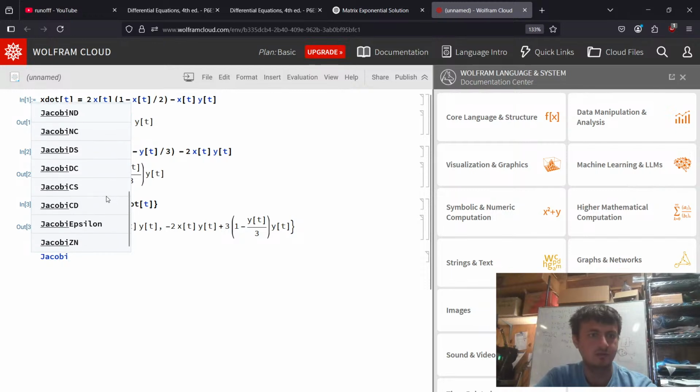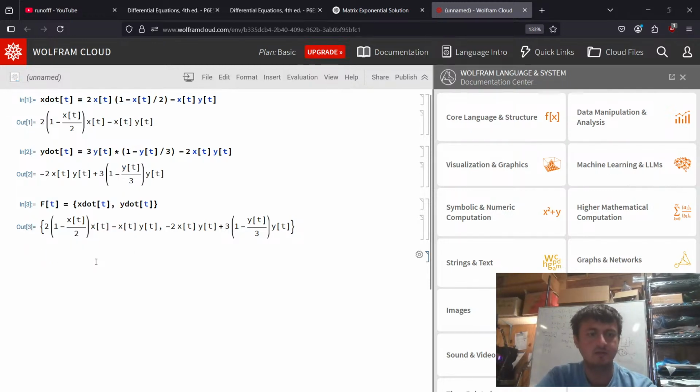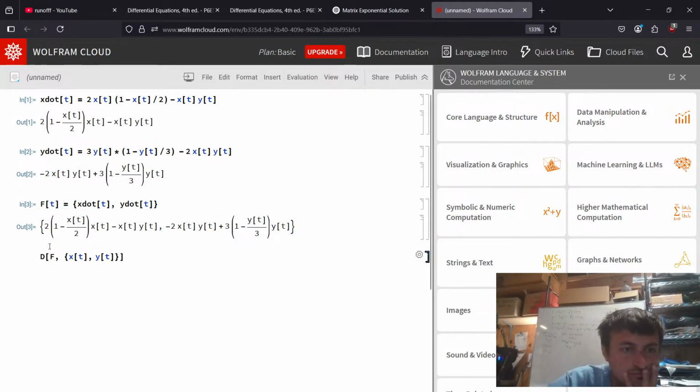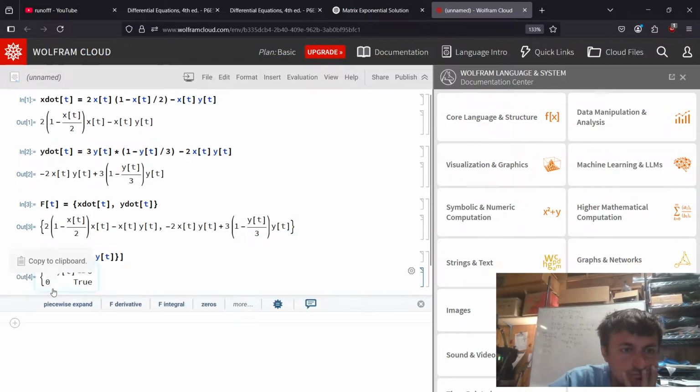How do I take the Jacobian? I think it might just be D, right? I think you just use D, D of f of x, y, x of t, y of t. That didn't work out.